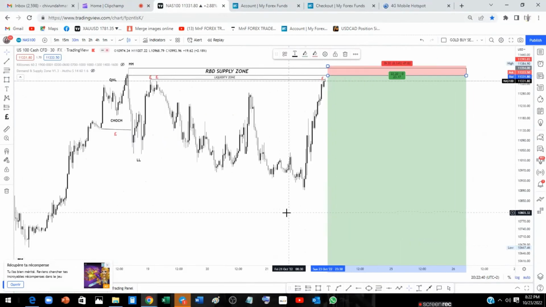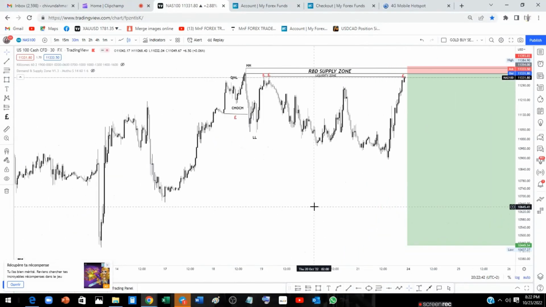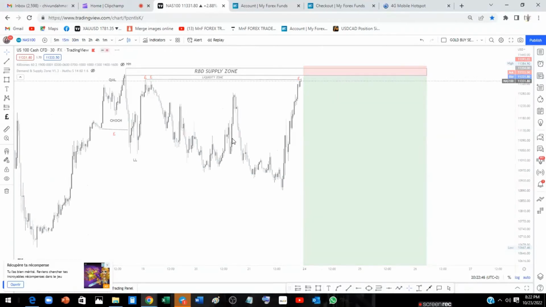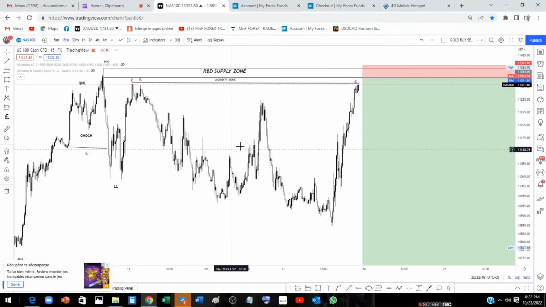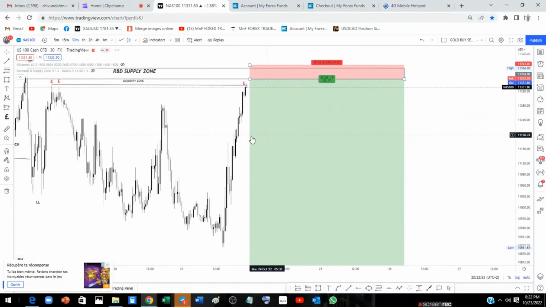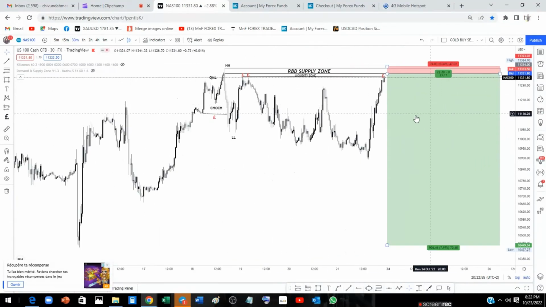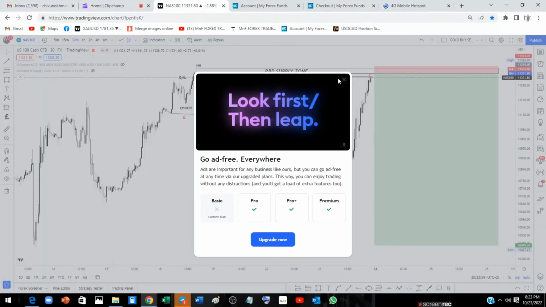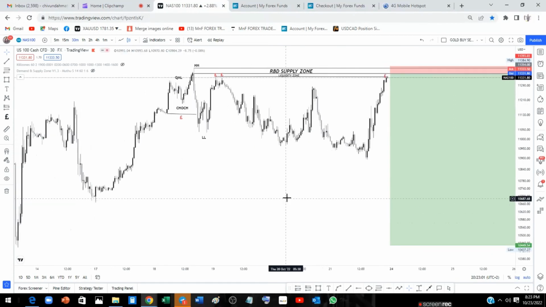So you can clearly see that it's an amazing trade. It's an amazing setup right here that we have. We have a 90 pip target, and our stop loss is about 40 pips. Now the risk reward ratio is about 1 to 2.3, a massive risk reward ratio right there.